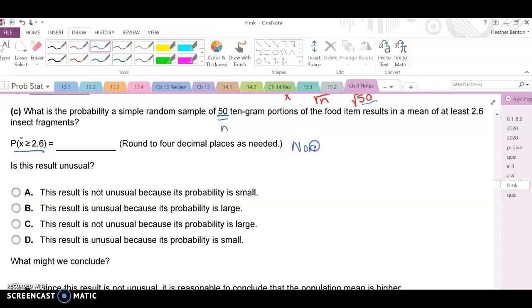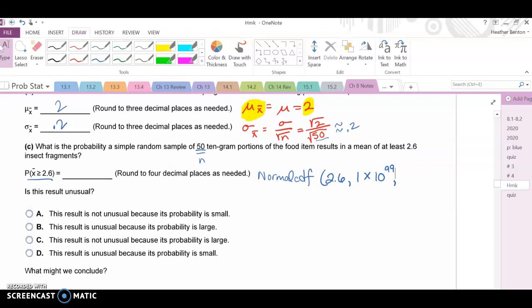So we're going to do normal CDF, with 2.6 as our lower bound and our upper bound out to infinity being 1 times 10 to the 99. Our mean is 2, and our standard deviation is 0.2. We put that in our calculator, and that comes out to be 0.0014999672.